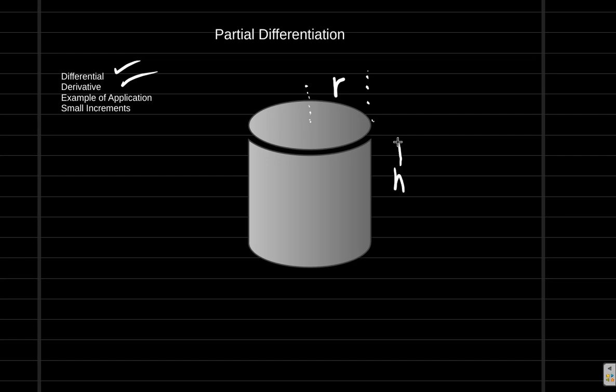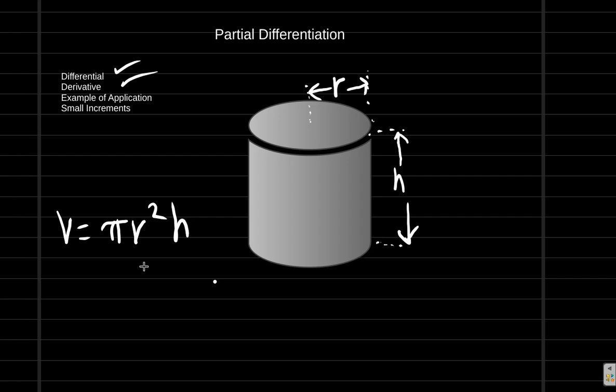You also have the height h. Here now, the volume of a cylinder, you remember, is pi r squared h. Alright? Pi r squared h. Now, if you consider both r and h the volume depends on r and h as well.